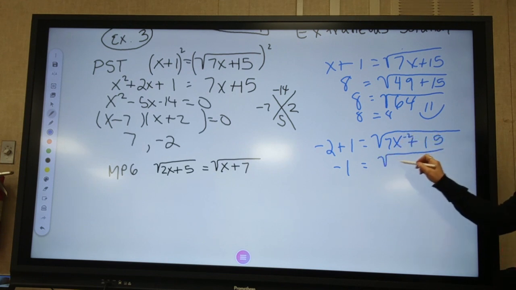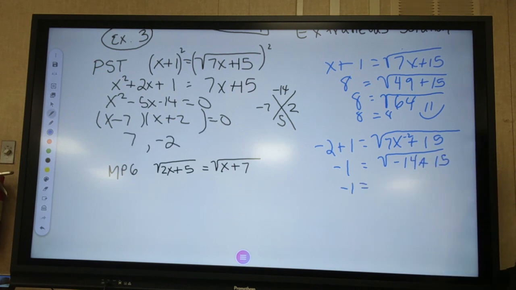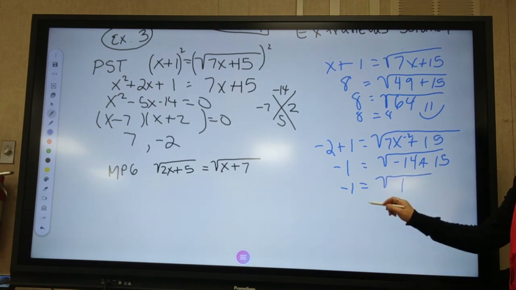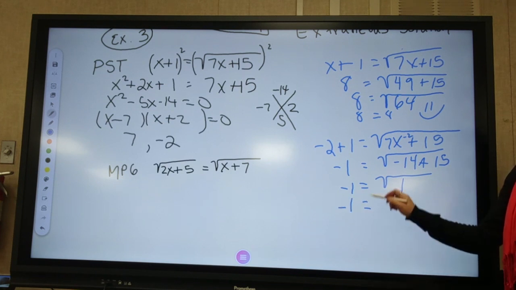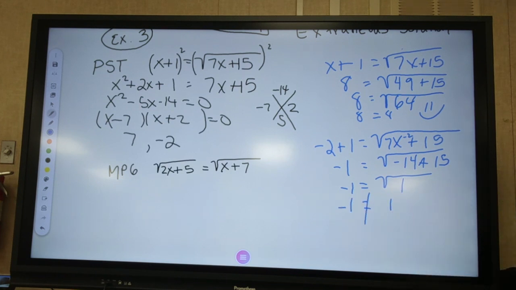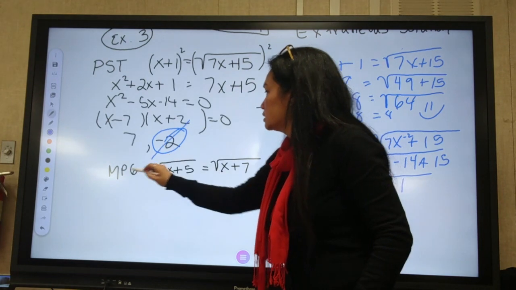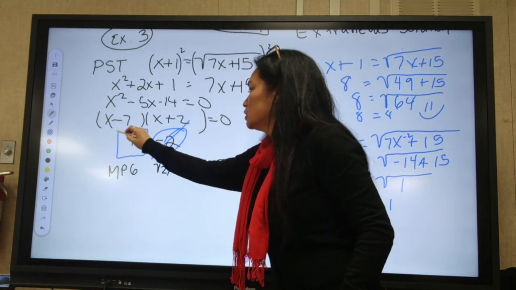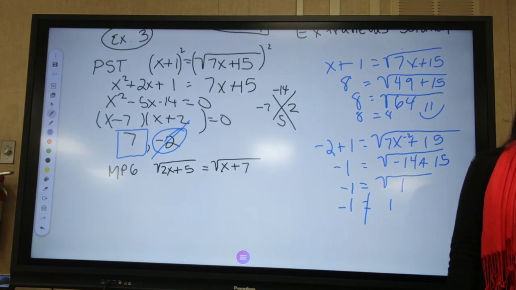So radical -14 plus 15. -1 equals square root of 1. What's the square root of 1? 1 does not equal -1. So this is an extraneous solution right here. You don't need it. That is the only answer. So on a quiz, if you put both of them, it's going to be wrong. You have to check it to make sure that they're correct.